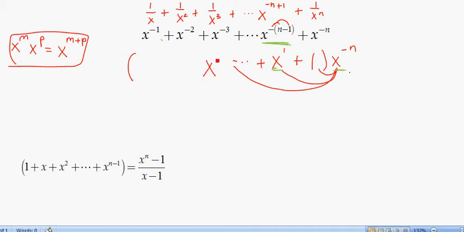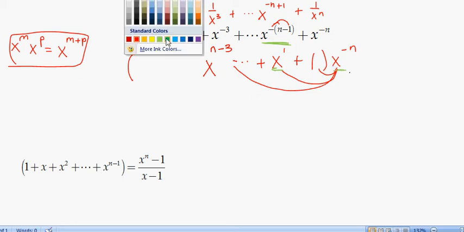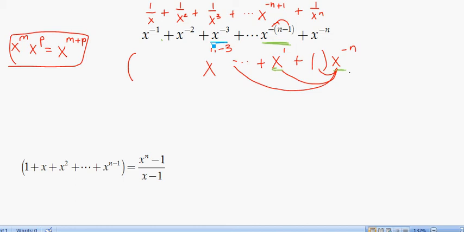So we keep going. And so the same kind of process is going to happen here. That if I multiply this by x to the n minus 3 times x to the negative n, I'm sorry. So this will be equal to this times this, because x to the n minus 3 times x to the negative n is the same thing as x to the n minus 3 plus negative n, which is x to the negative 3, right?